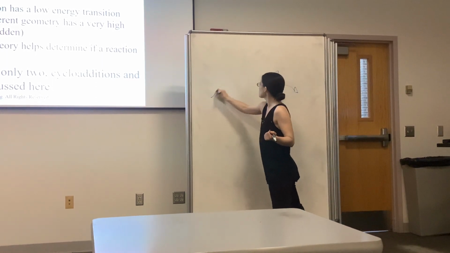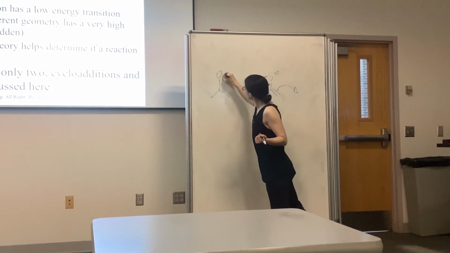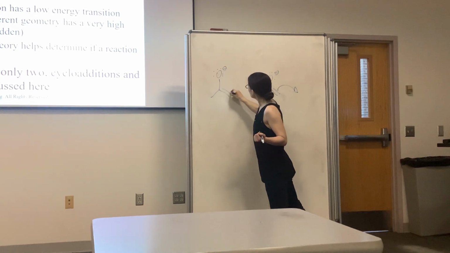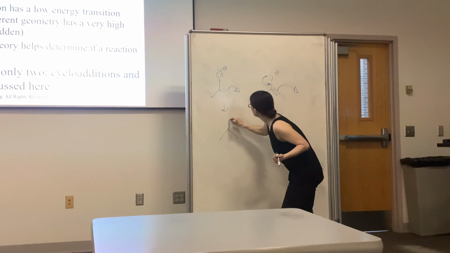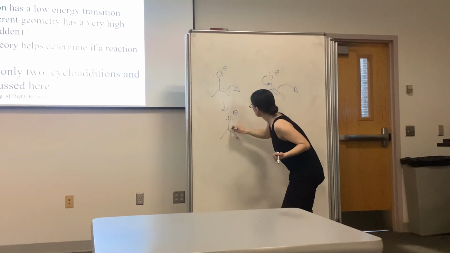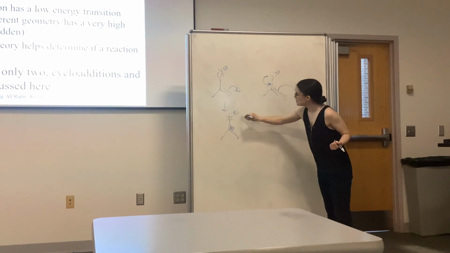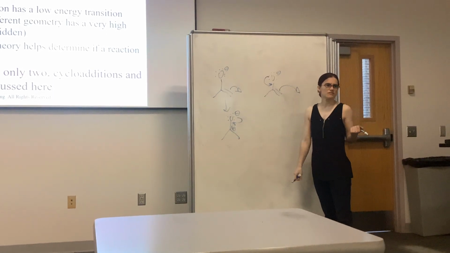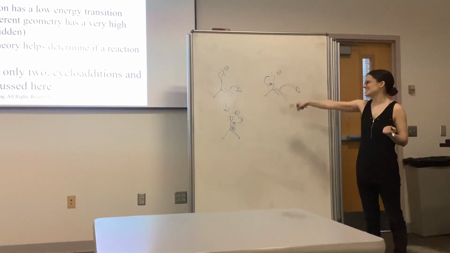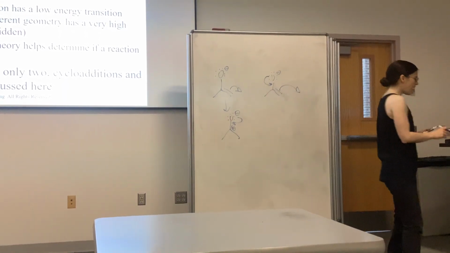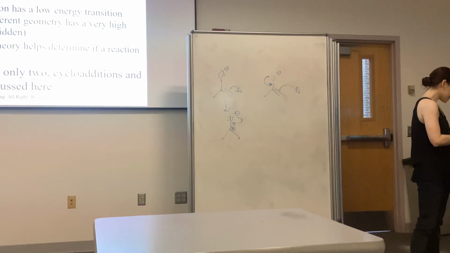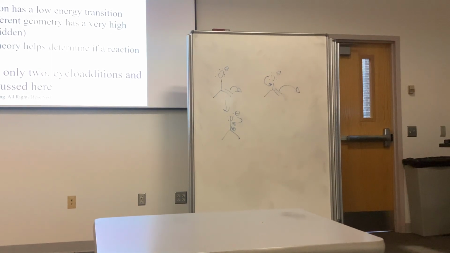But you're also not wrong if this goes and attacks something and you give me this, and then in another step you show me that to get back to the double bond. That's not wrong, mostly because this is just resonance. But in this case, all of the mechanism arrows happen in a single step.